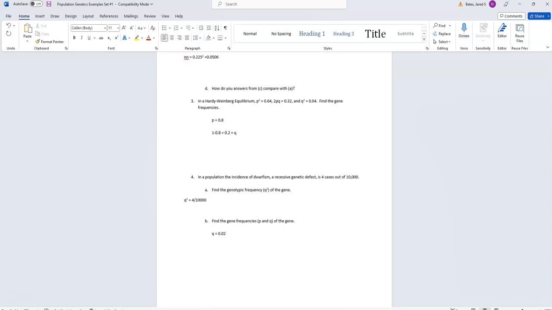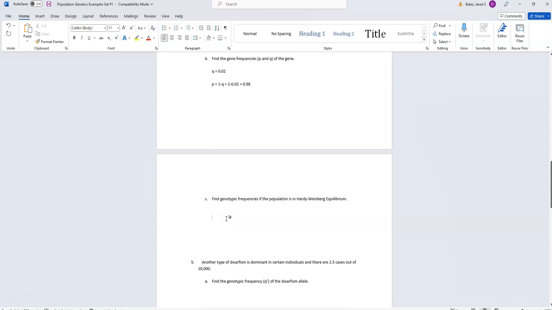Then if I want to find p, that's just 1 minus q, so 1 minus 0.02, and my p then is 0.98. So to find q here, all I'm going to do is take the square root of this number up here, and I will get 0.02.